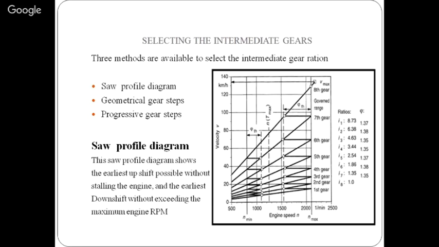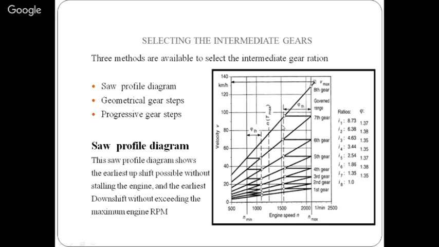When I wrongly put eighth gear in place of seventh gear, then at this speed, the engine RPM is, speed is 100 and engine RPM is 1500.